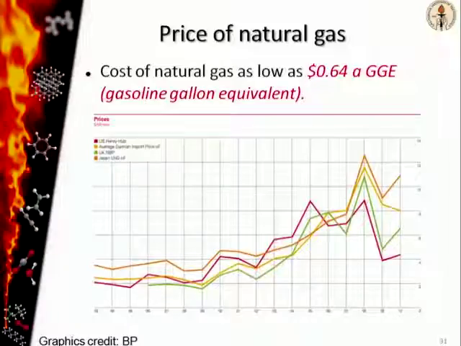And I think, at least in the last few years, because of the downturn in the economy, the price of natural gas has come down a little bit, but it is now starting to pick up again. But something interesting to note is that the cost of natural gas can be as low as $0.64 for an equal gallon of gasoline. So there can be a considerable amount of savings in fuel costs by switching over from gasoline to natural gas.